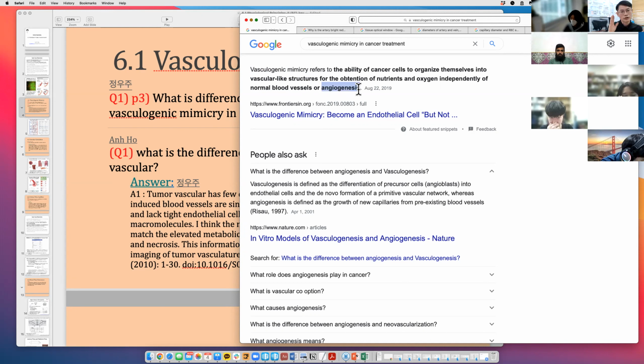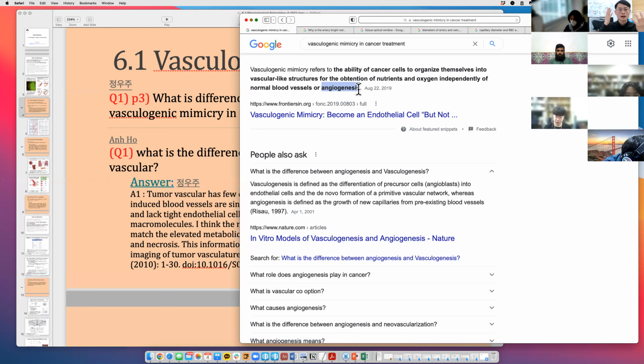So why is Uju's question important? Because if you know how tumors survive in our body as they form tumors, if they adopt angiogenesis, you block angiogenesis, you develop a molecular trick or treatment to block angiogenesis. But what if the tumor develops a non-angiogenic way of feeding themselves, for example, this vasculogenic mimicry?